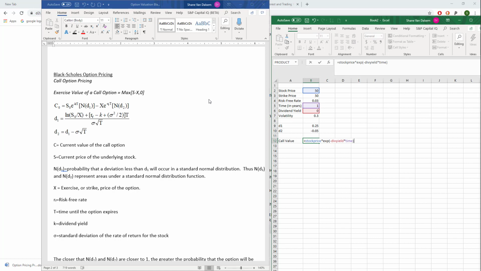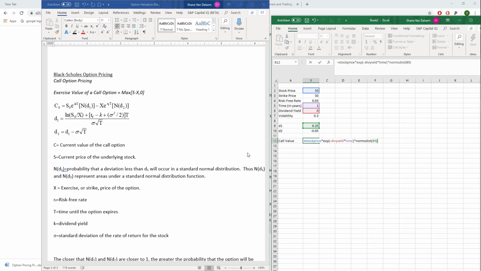And then we're going to multiply that. We're going to put a function in here called NORM.S.DIST. And really what we're doing there is we're looking up the value in that Z table that I showed you before. The value of Z in this case is going to be D1. So it says N(D1). So we're just putting NORM.S.DIST. And make sure that S is in there or you get a weird something else that you don't want.